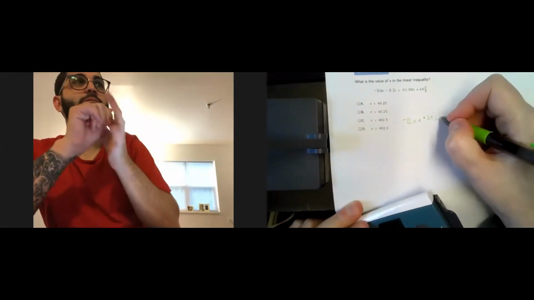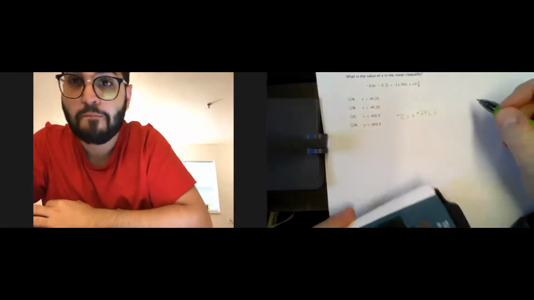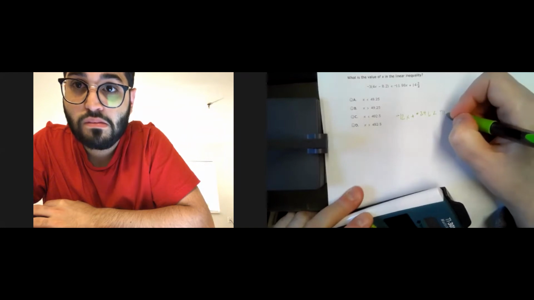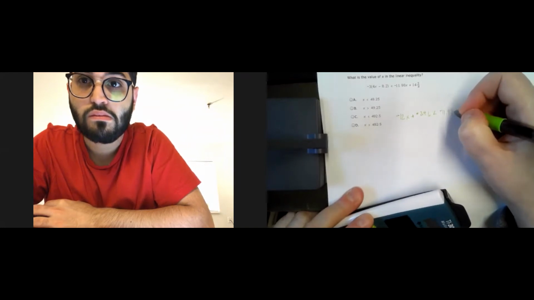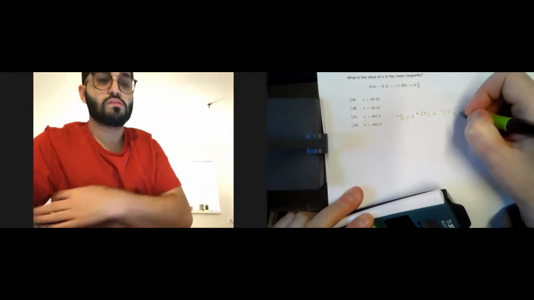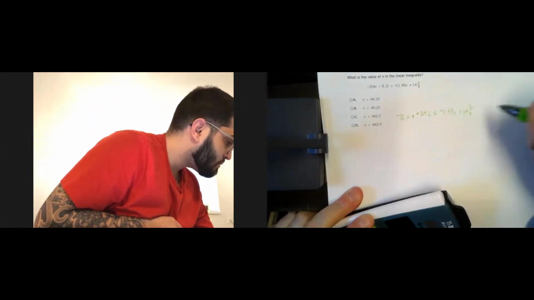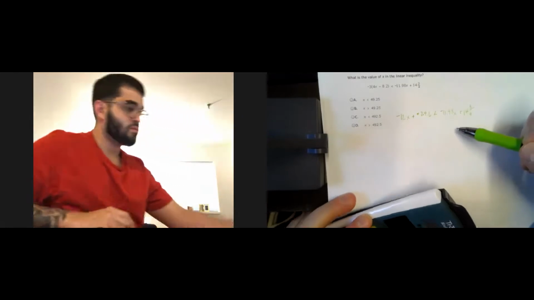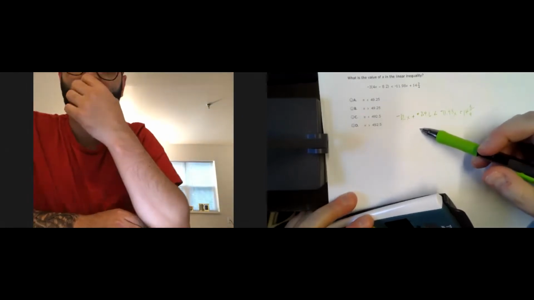And then we just keep doing the equation as it's written. And then we have -11.98x. This side we don't have to do anything to. 14 3/4. Now our job is to get the numbers to one side of the equal sign and the variables to the other.